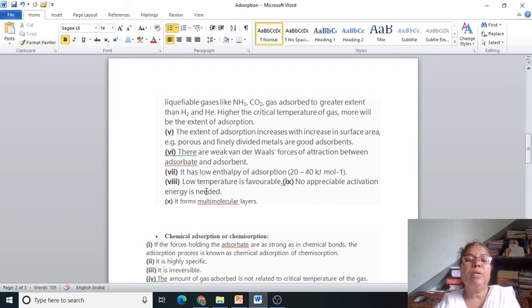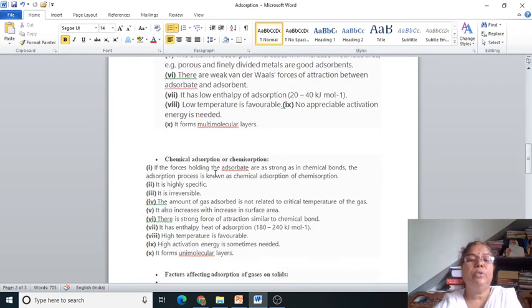For physisorption, low temperature is favorable. No appreciable activation energy is needed, and it forms multi-molecular layers. These are some points which you should remember regarding physisorption, that means physical adsorption.